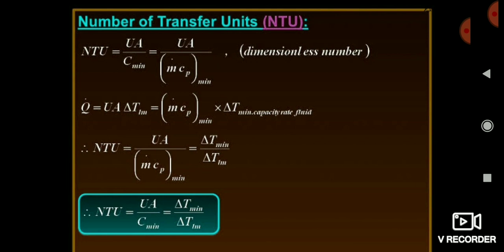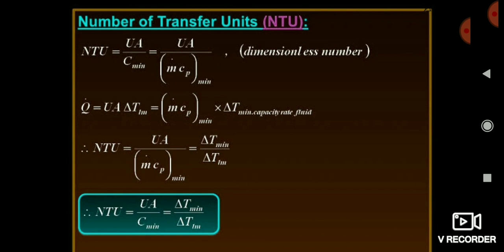I think all of you have studied and know clearly, in the previous session I told you what the log mean temperature difference is. Suppose two temperatures T1 and T2 are given, then the normal temperature difference is T1 minus T2. But when we are considering the log mean temperature difference, then we are doing T1 minus T2 divided by ln T1 by T2. This is the log mean temperature difference.